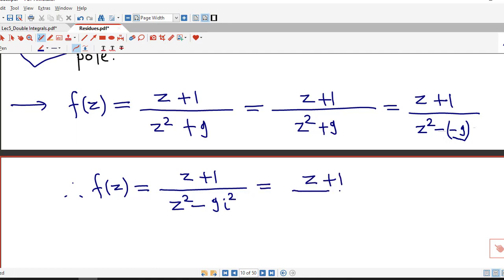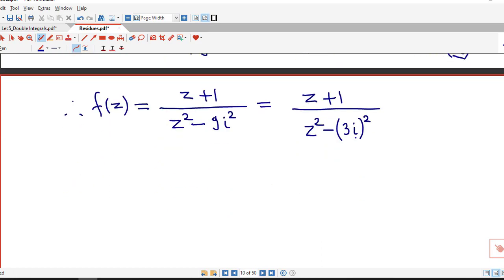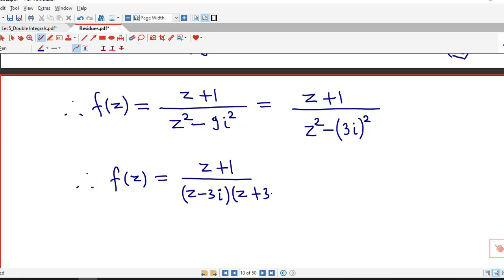Again we can rewrite 9 as 3 square, so we have z square minus (3i) square. So therefore f of z is z plus 1 divided by (z minus 3i) times (z plus 3i).